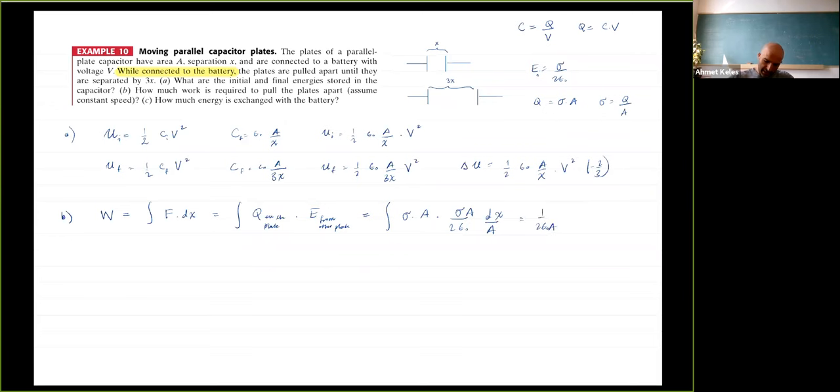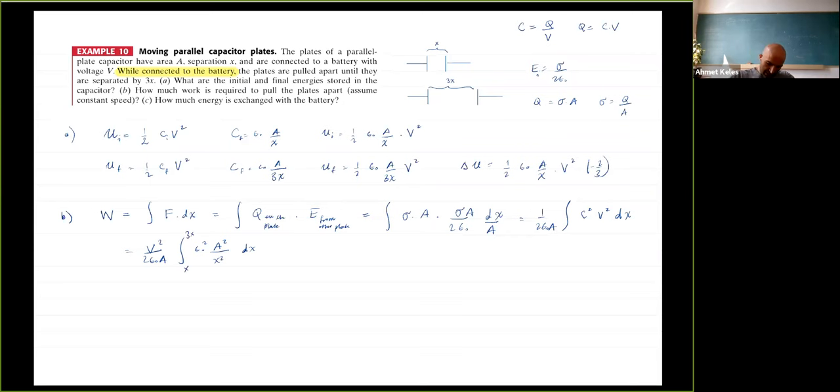This is dx, and now V is constant. I can take that out too. This is going to be equal to V squared over 2 epsilon naught area, and C squared is equal to what? I found an expression here. This is going to be epsilon naught squared, area squared, over x squared, dx, and x goes from x to 3x.